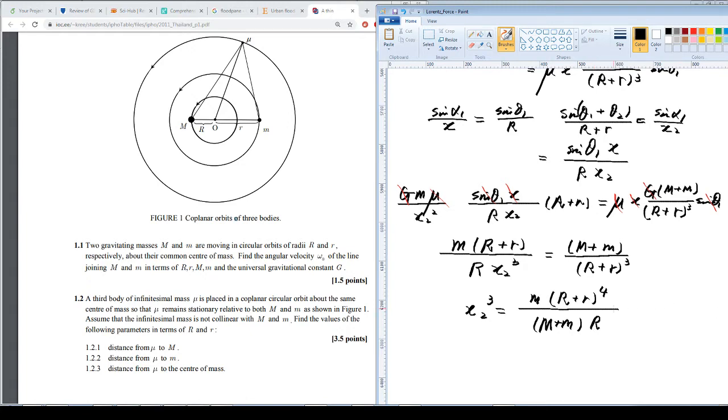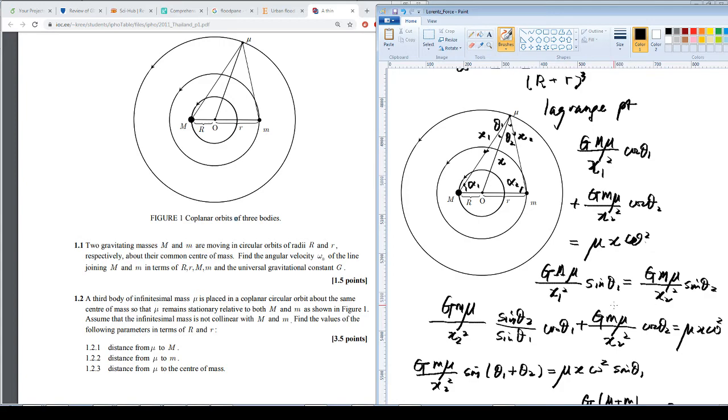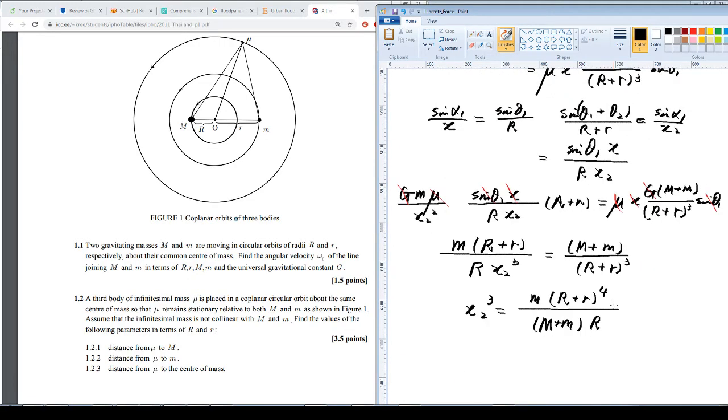So that's the distance to small m. Without redoing the problem, symmetry should tell you the other one must be this, right? Yep.